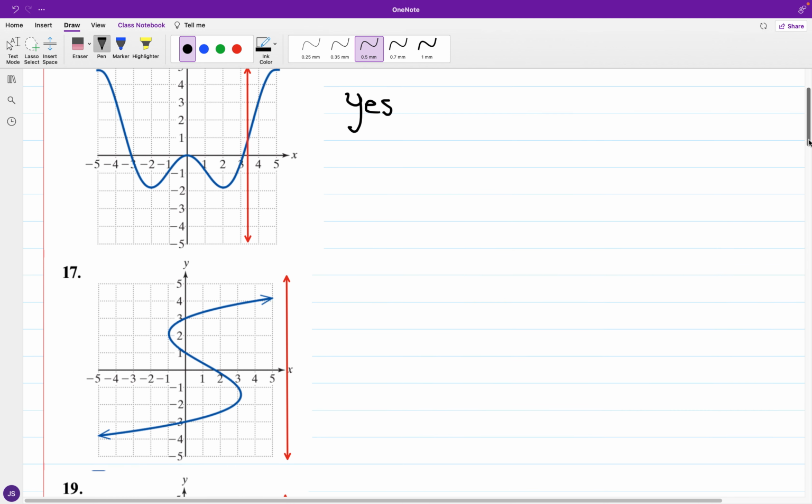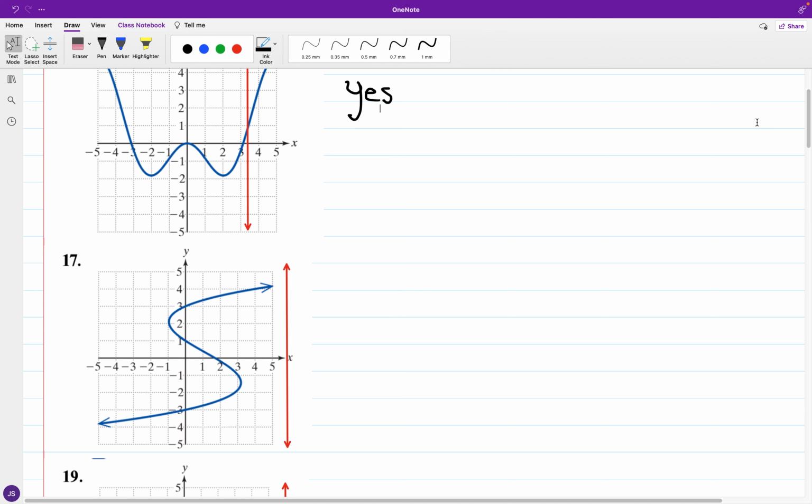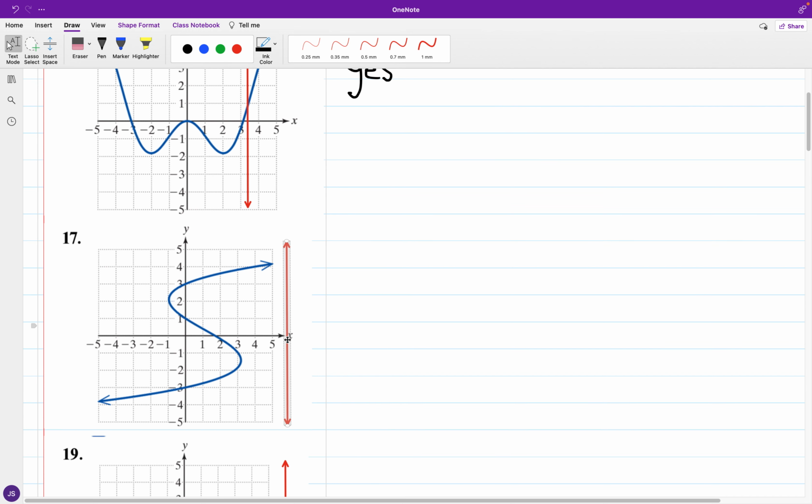Now in the case of number 17, you have kind of an S-shaped graph, and we're looking at whether we have a function or not. Just moving along with a vertical line, in the region to the left of the y-axis you have intersection at most 1 point.